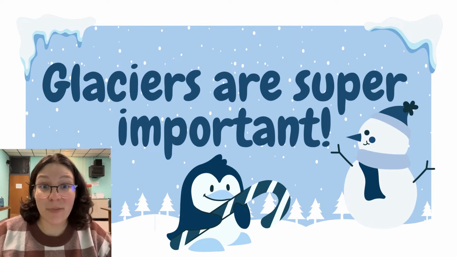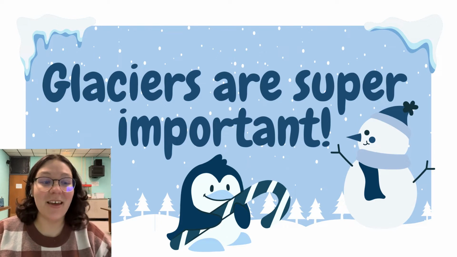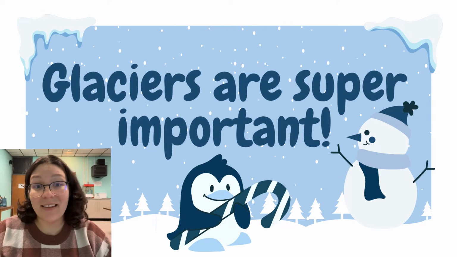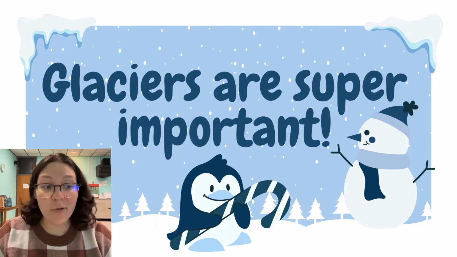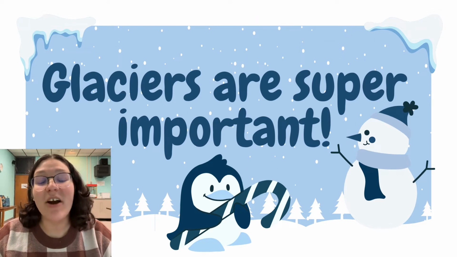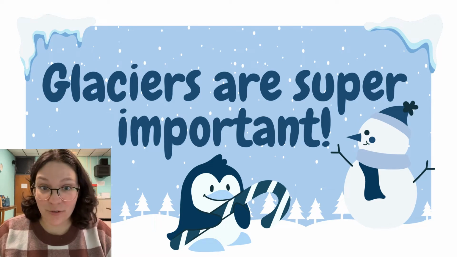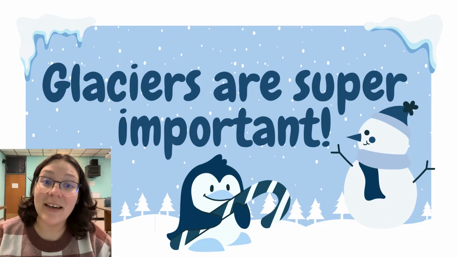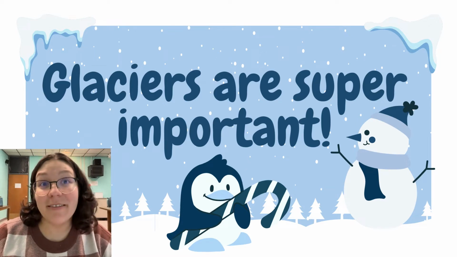And these glaciers are melting really fast. And if they melt too quickly, the water temperature will rise and some animals and bugs won't be able to live. We have tons of scientists all over the world who are looking into the melting glaciers and how we can help stop or slow down their melting.